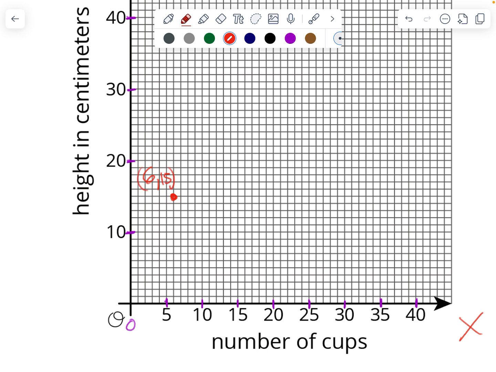The next stack that we knew was 12:23. 12 cups has a stack that is 23 centimeters high. Again, 10, 11, 12. So this is 12:23. If we took away 6 from our x's, that would be at 0.